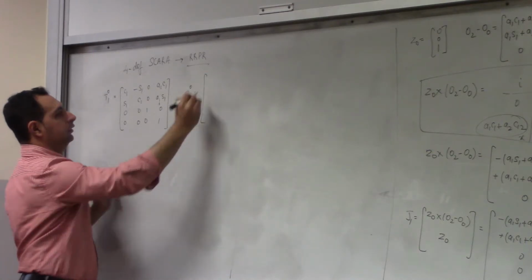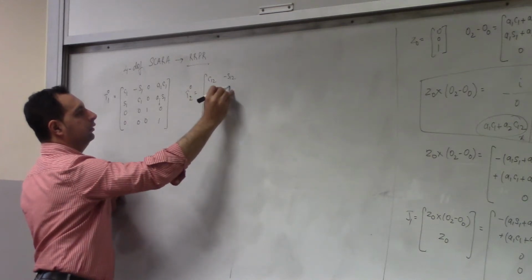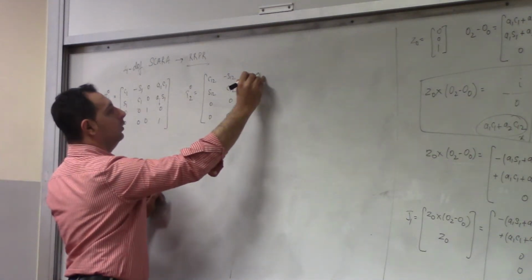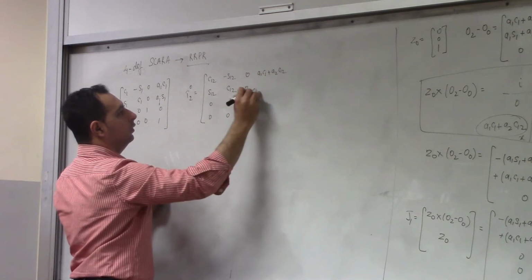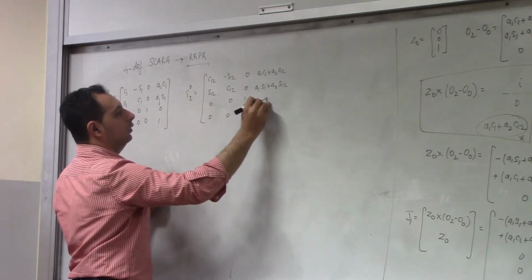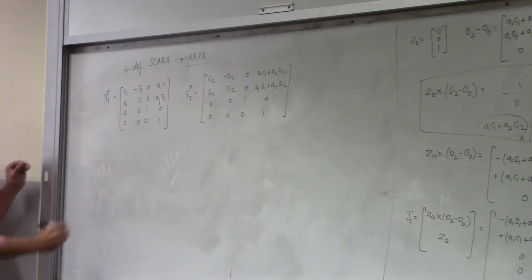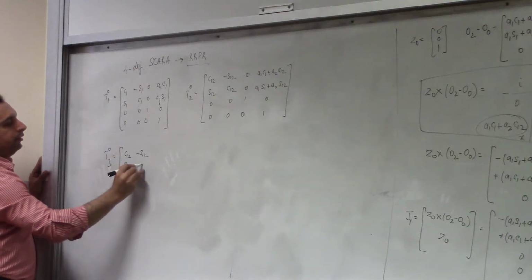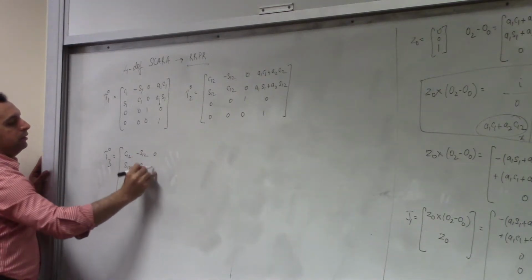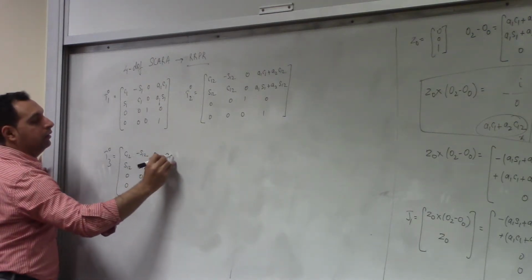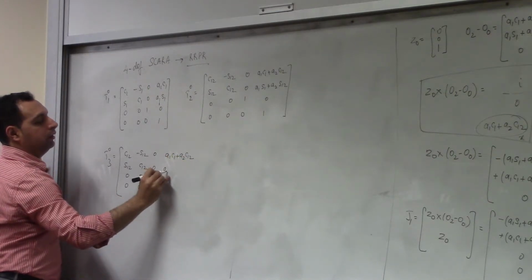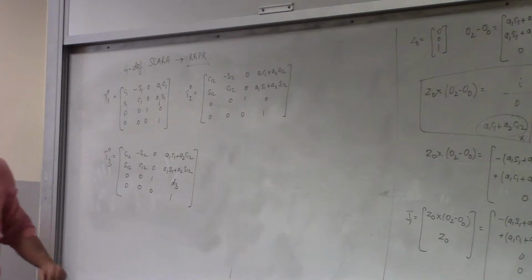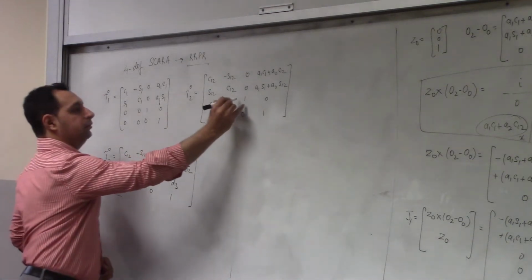P02 will be equal to P03. This is -1, I'm sorry, so this will be -D.